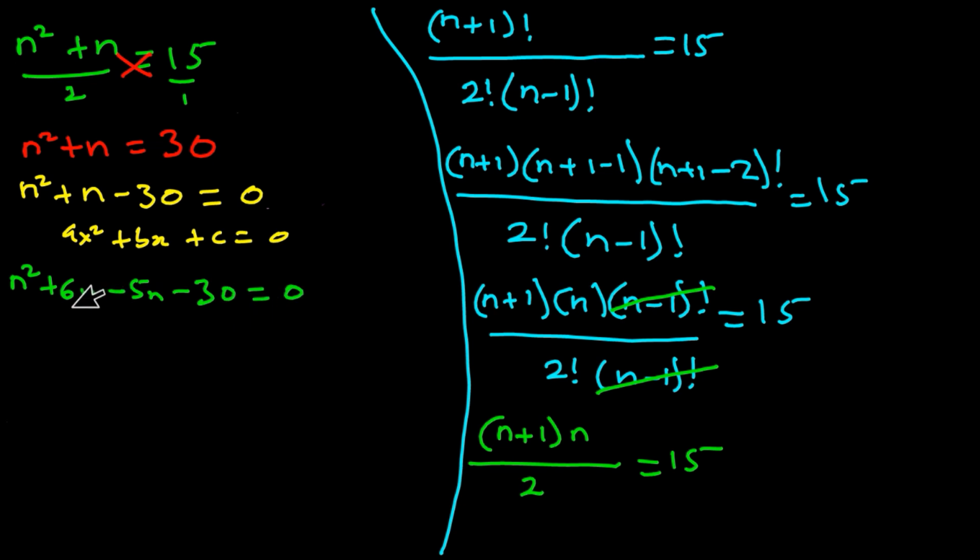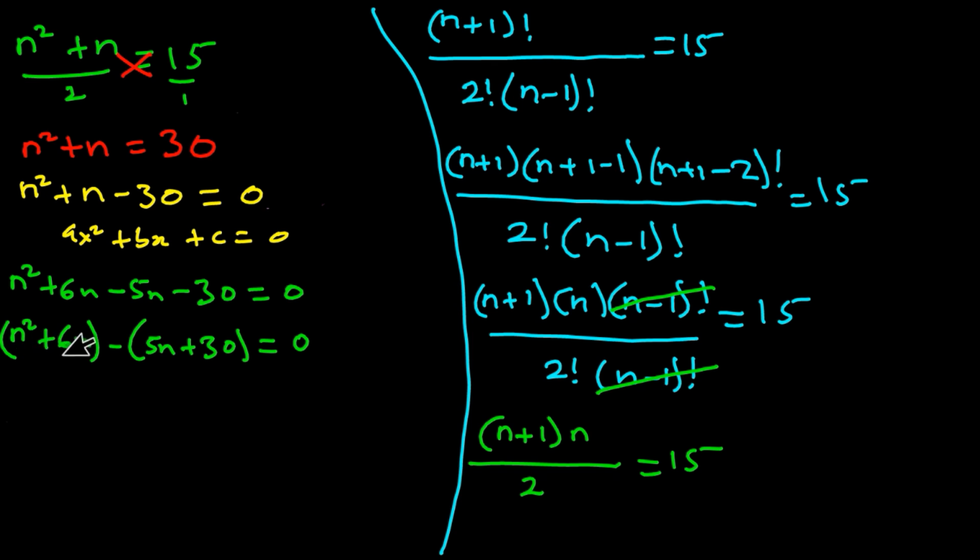So that when I sum 6n and then negative 5n, we are getting positive n, just like this. So it is the exact same thing, right? So we have n squared plus 6n, then minus 5n minus 30 is equal to 0.